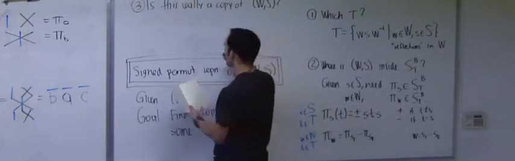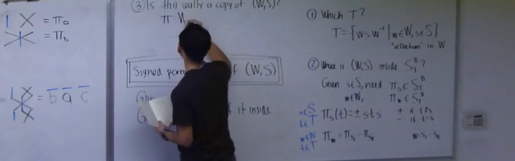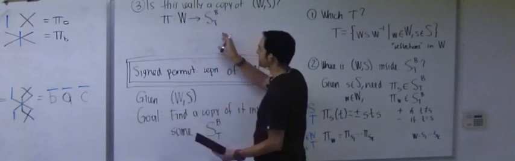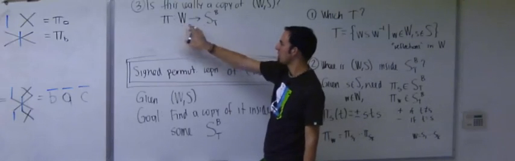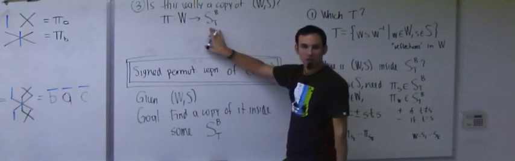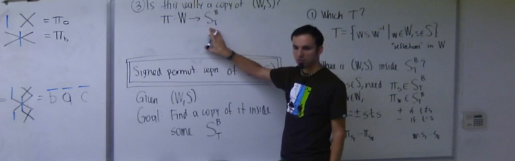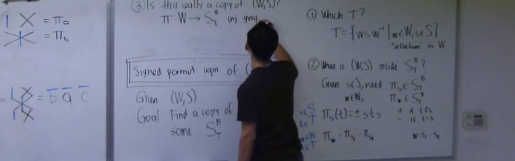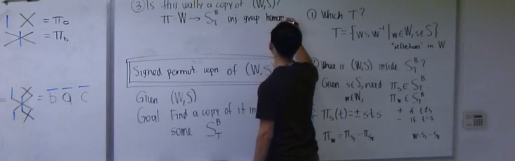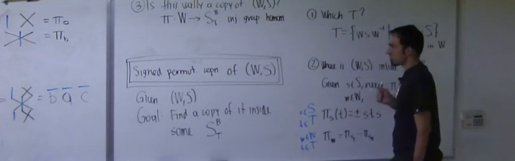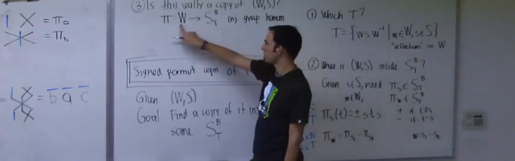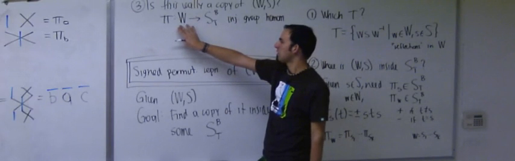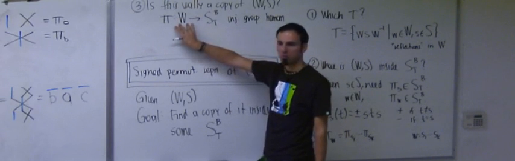And what I claim is that what I did here is construct for you a way of assigning an element of W to each element of W. I claim that what I constructed here is an injective group homomorphism. So what that means is that each one of these guys gets mapped to a different guy here. It is a group homomorphism, and that means that I have really found an isomorphic image of W inside here.